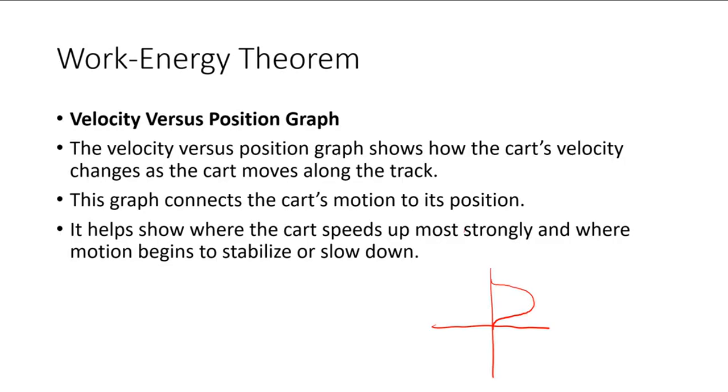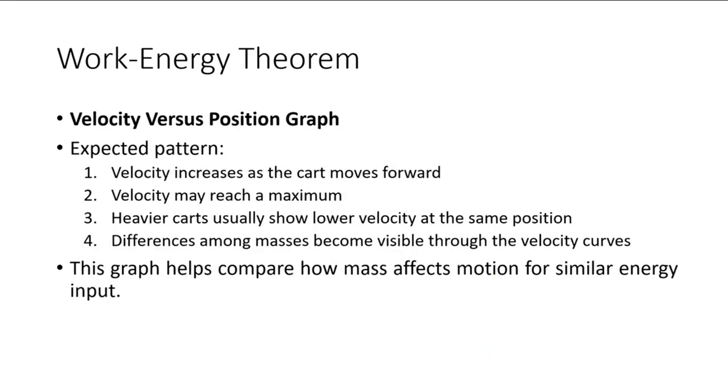Okay? Now, how do we interpret that graph? The expected pattern is that velocity increases as the cart moves forward. Velocity may reach a maximum, especially when your elastic cord has transferred most of its potential energy to the kinetic energy of the cart.